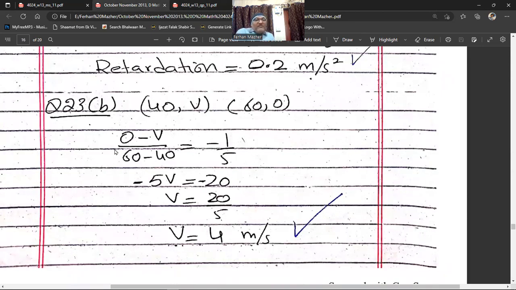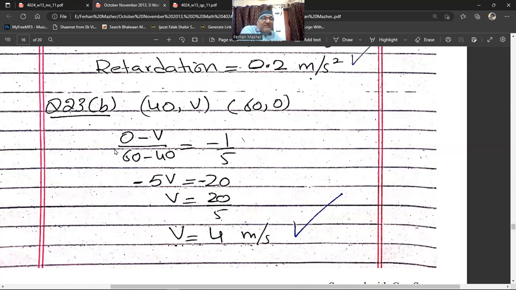So 40 comma V, and at 40 seconds, what is the velocity? 40 comma V, and I will take the 60 comma 0. The gradient between this point and 60 comma 0 will be minus 0.2 because it is on that same straight line. So it will be 0 minus V divided by 60 minus 40, that is equal to minus 1 by 5.